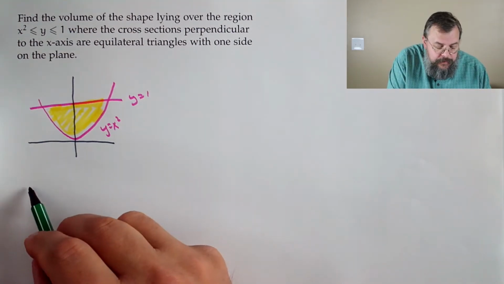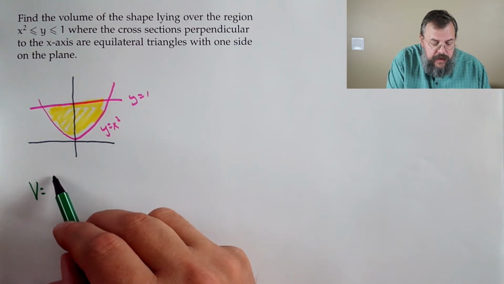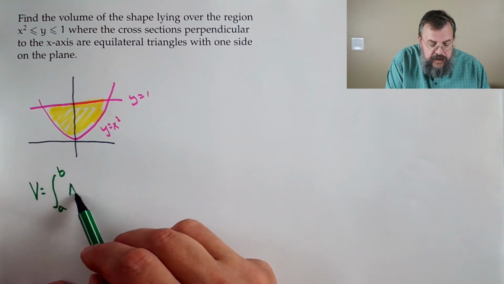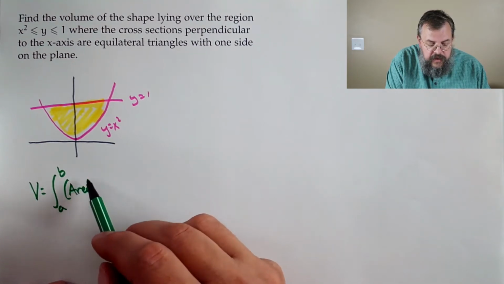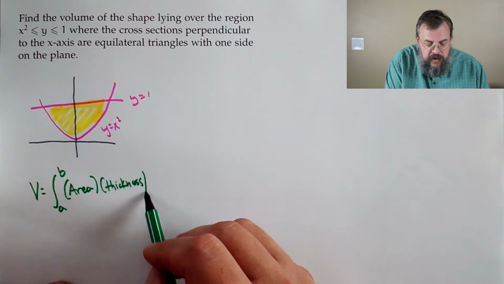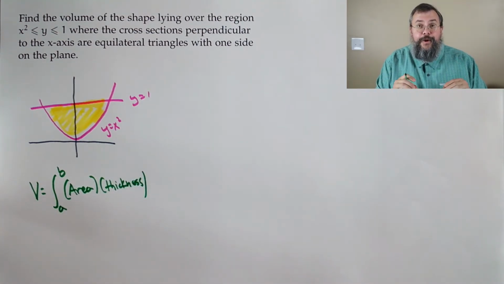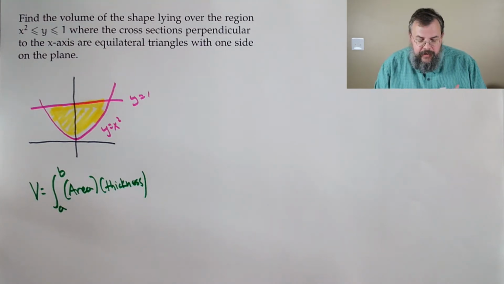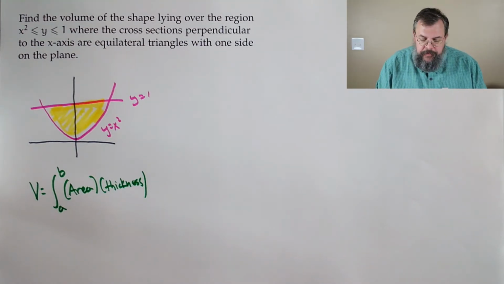So our volume is going to be adding up, start to stop, the area of our slice times the thickness of our slice. All right, there we go. There's our formula.